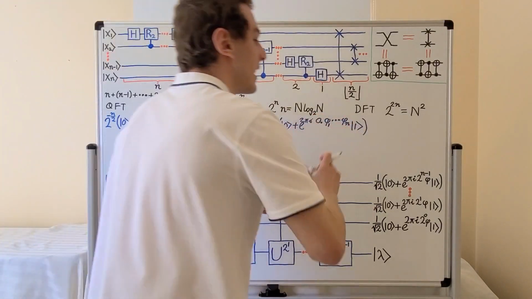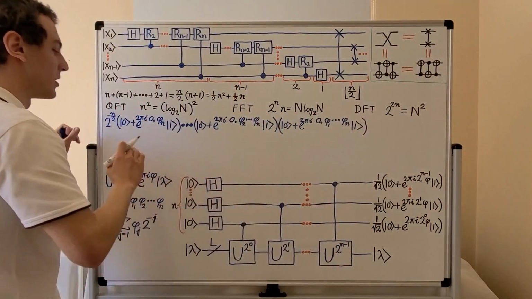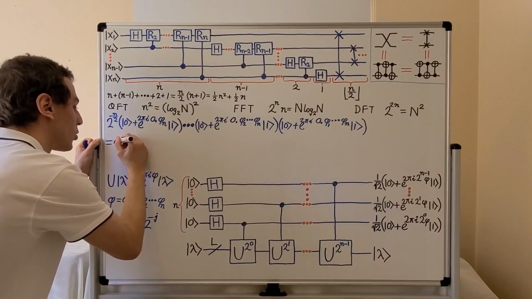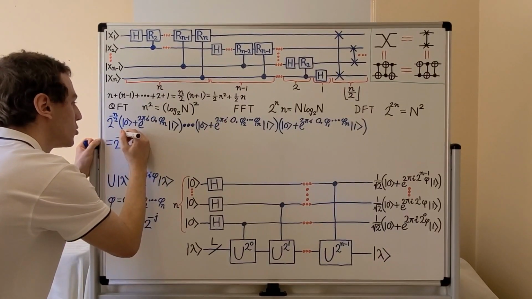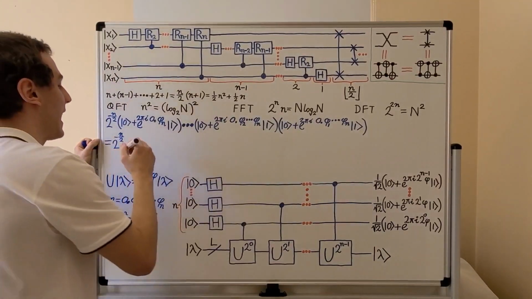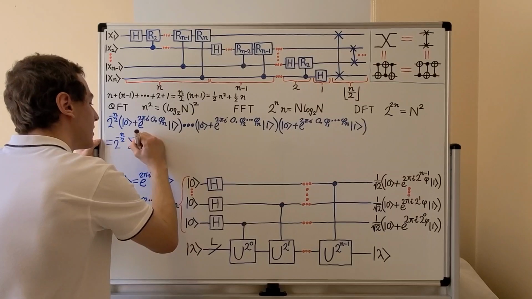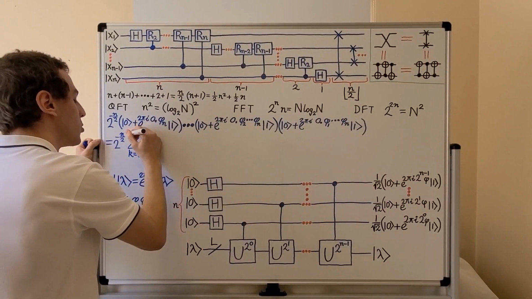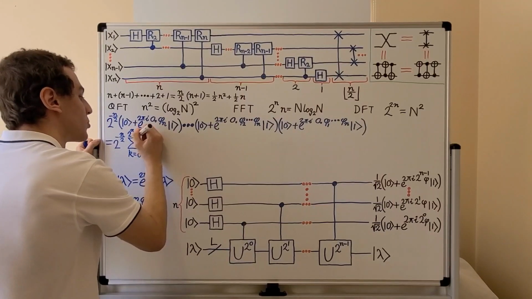And let's write this in a similar form. So we'll write this in an equivalent form. We can have the same normalization coefficient over here. That's 2 to the little n on 2 with a minus sign over here. And then we can write this in summation notation with some index k going from 0 up to 2 to the n minus 1.